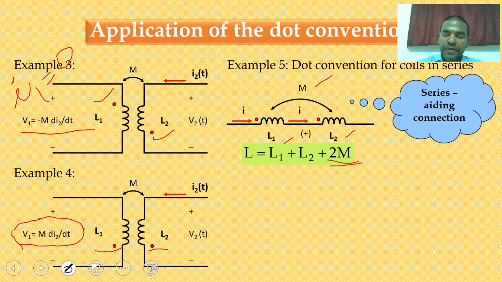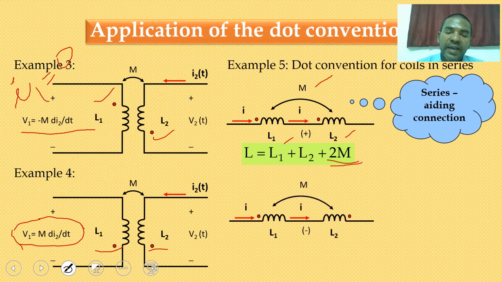Similarly, if you go for another example, here the first coil's current is at a starting dot, and for the second coil the same current I is at an ending dot. The self-inductances are L1 and L2 only. The overall inductance can be represented as L1 plus L2 minus. The first coil with respect to the mutual inductance of the second current is minus M, because the first coil has a starting dot and the second coil has an ending dot, so the mutual inductance must be negative.